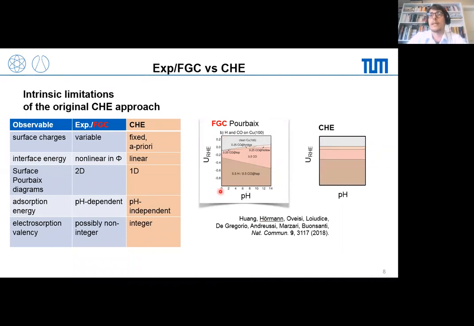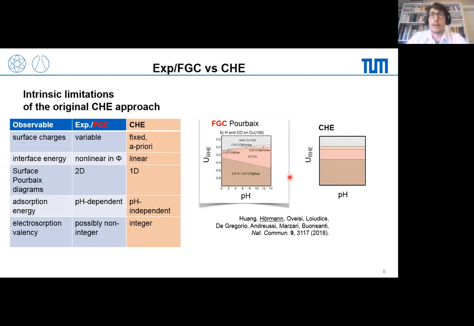It's only in the supporting information, but nevertheless you can see this plot is fully two-dimensional, while if you would do this kind of analysis within the CHE approach, you could only find horizontal lines. In particular, these different surface phases would not depend on the pH. So this Pourbaix diagram is effectively only one-dimensional, and this one dimension along which the phase diagram changes would be, for example, the potential on the RHE scale.